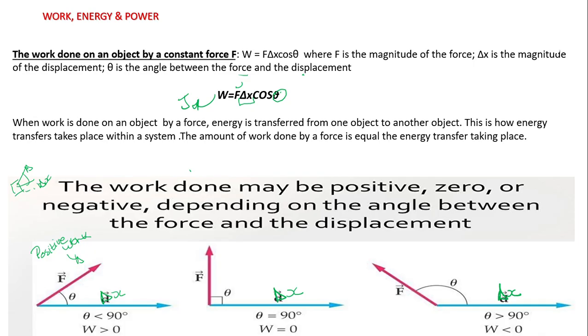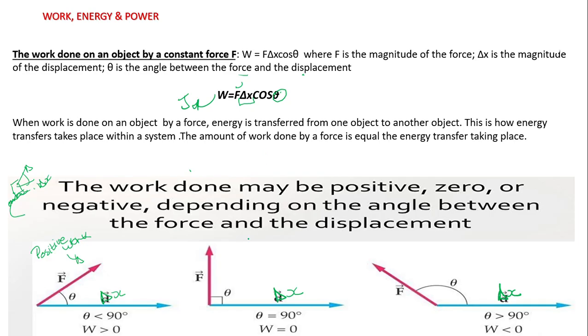Therefore, you're doing positive work. If you hear a sound as you pull, that sound is energy being transferred from one place to another, meaning that energy is being transformed into other forms of energy.